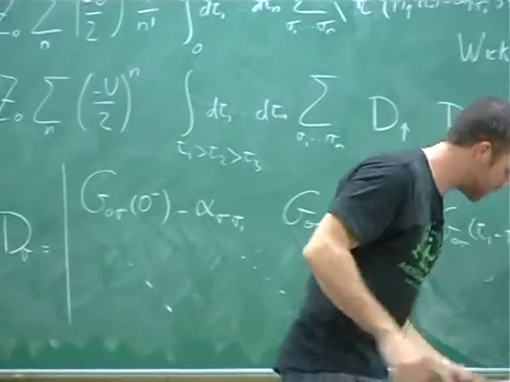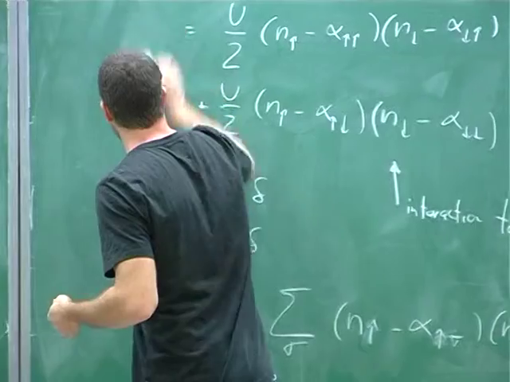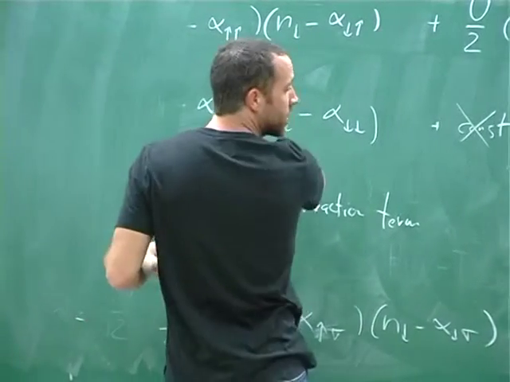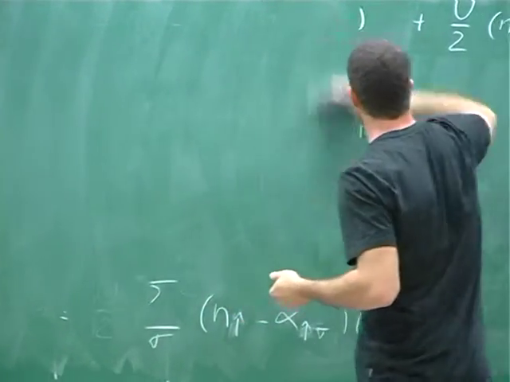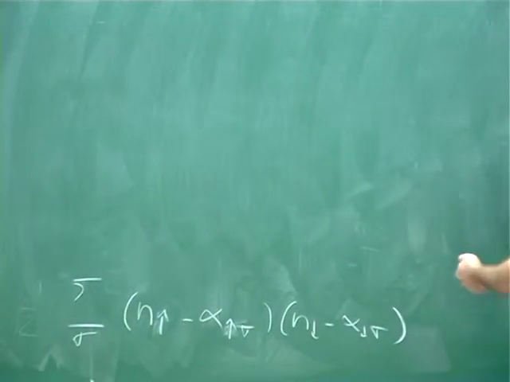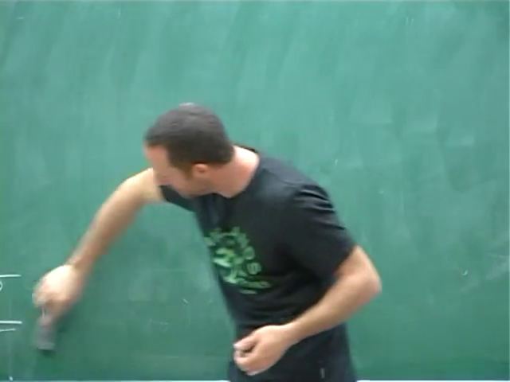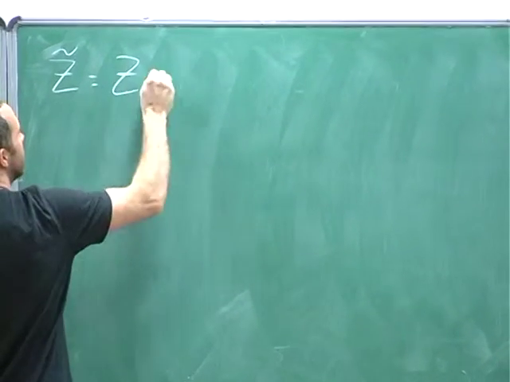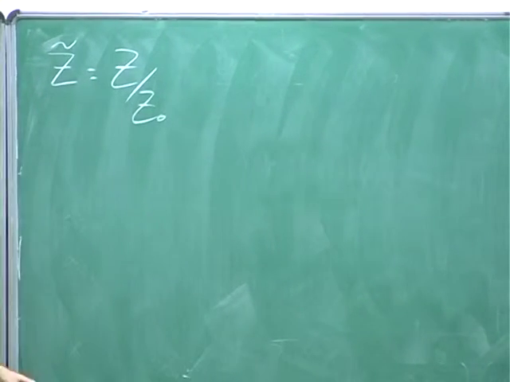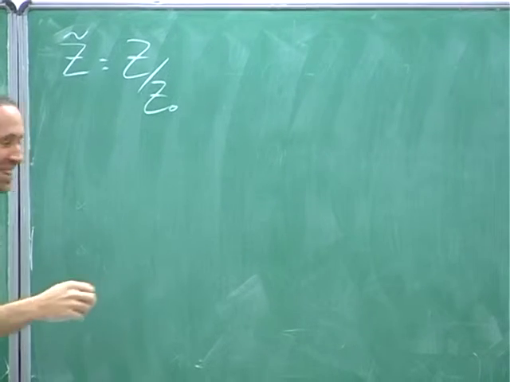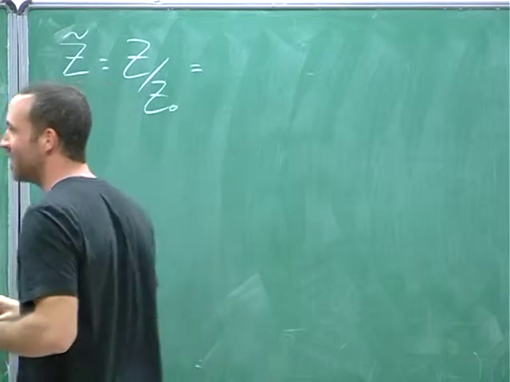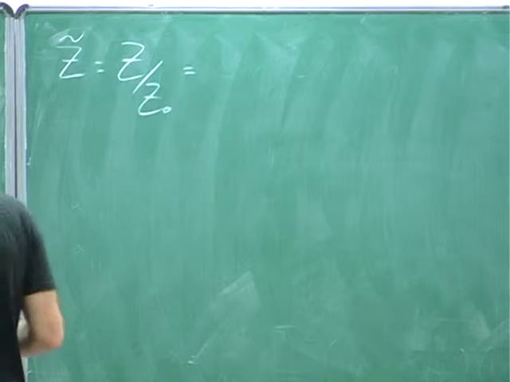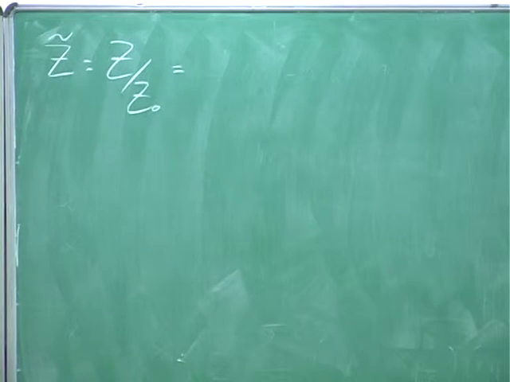Good. So let me tell you how we'll do this Monte Carlo then. So what I'll try to sample is really just this ratio Z over Z0, which I call Z tilde.